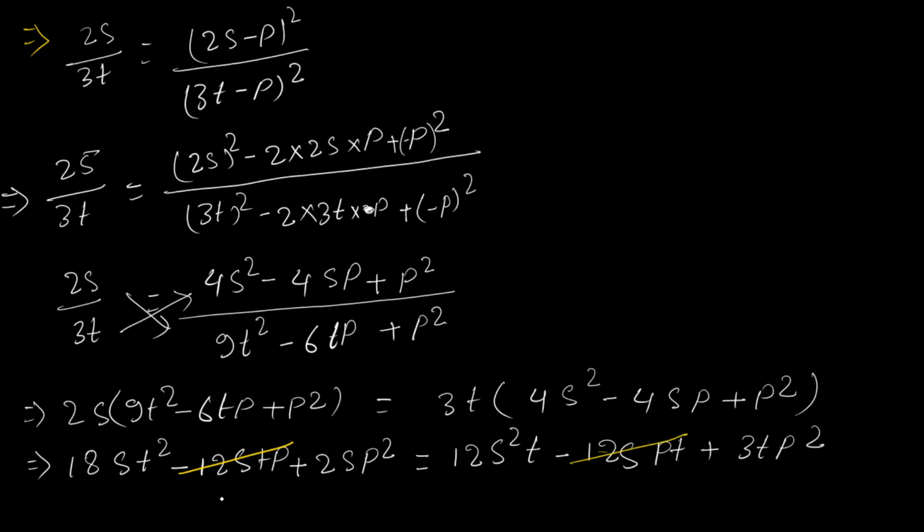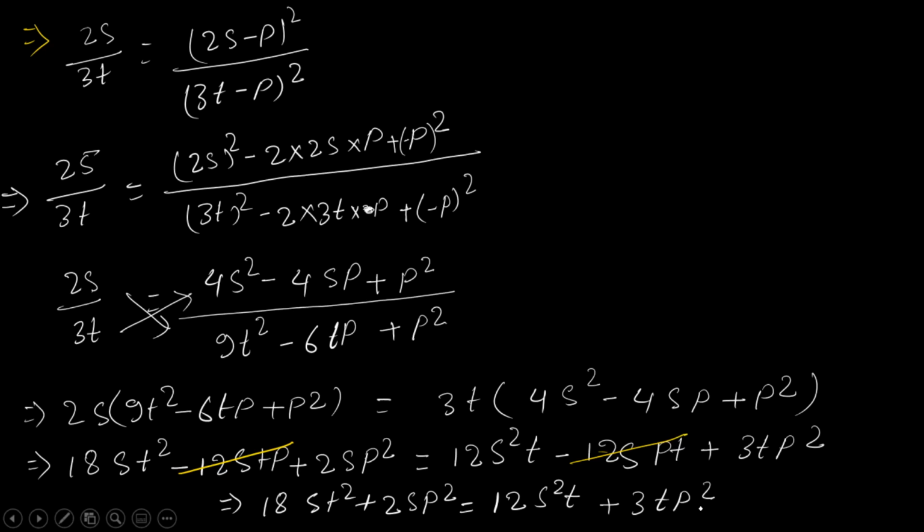You will be left with 18 st square plus 2 sp square equal to 12 s square t plus 3 tp square. 3 what is it? 3 tp square, right? Yes sir, 3 tp square. Okay, rest of the solutions I'll do here.